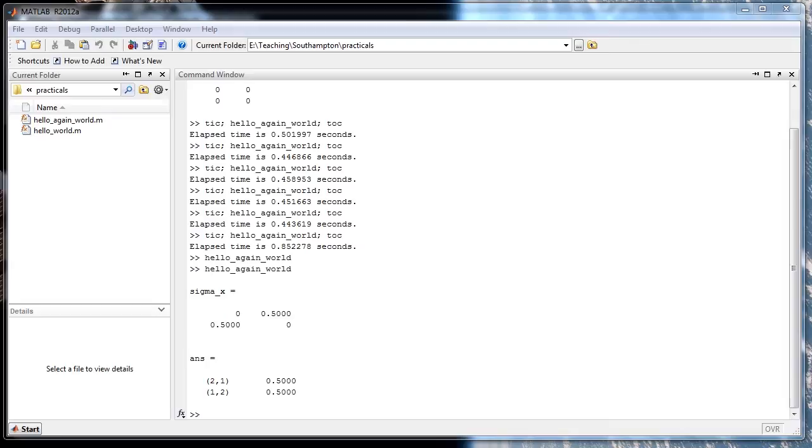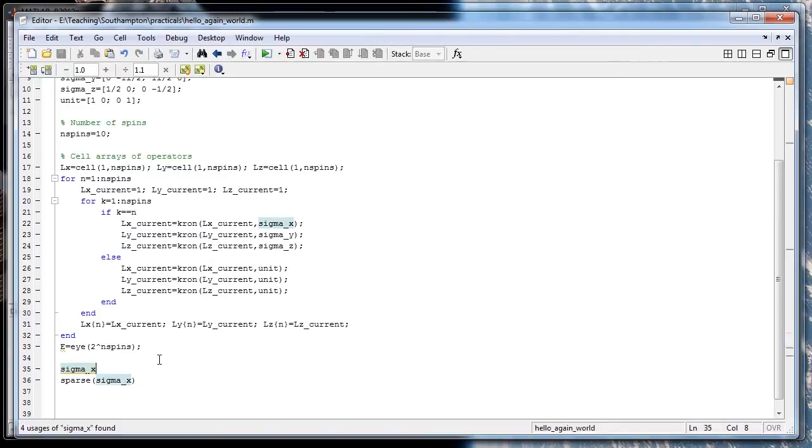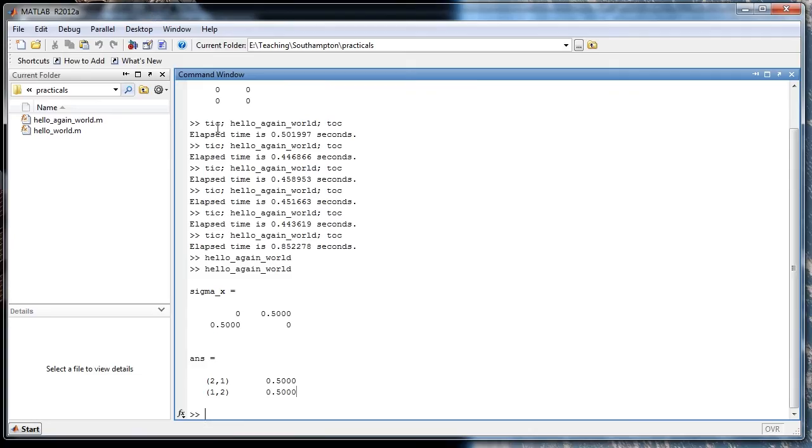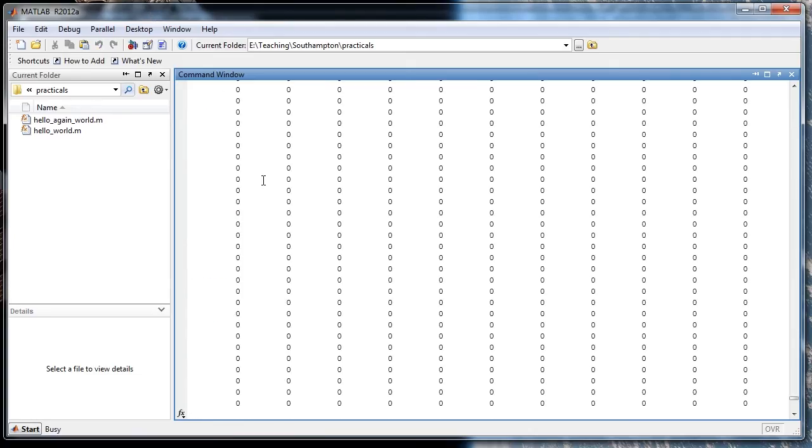However, the advantage is considerably greater if we look at a matrix that is 1000 by 1000. We'll print Lx, and we'll print sparse Lx, let's say for spin 4, and see what we've got. There will be a kilometer of output for this and this, but the output will be rather different. So let's run it.